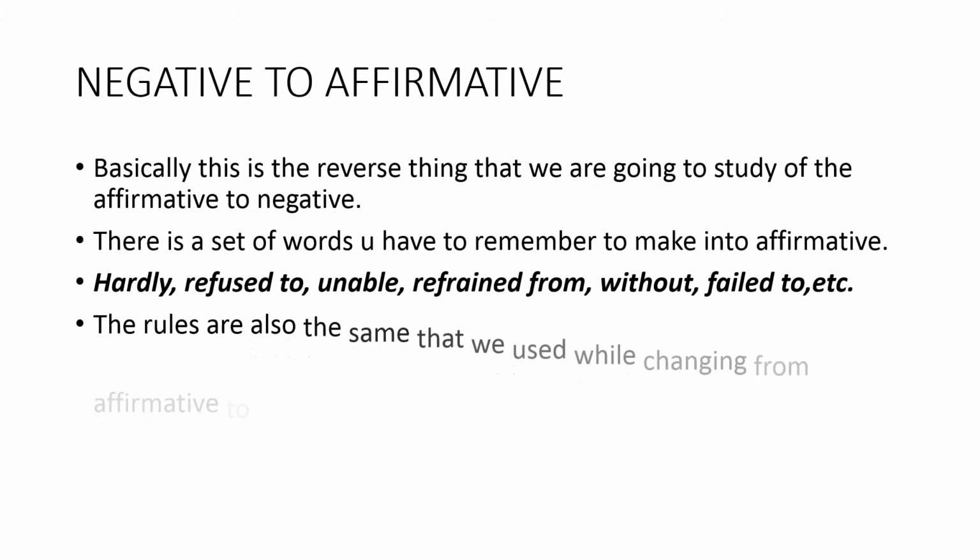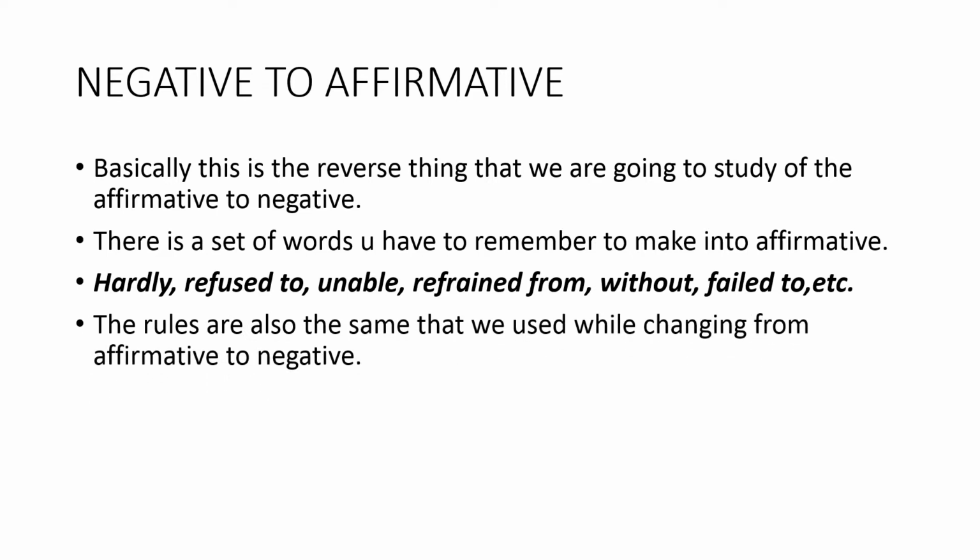Now the rules are also the same that we used while changing from affirmative to negative. Basically we made use of opposites where it was possible, and where opposite was not possible we used none but and nothing but. So rules are the same for both of them.